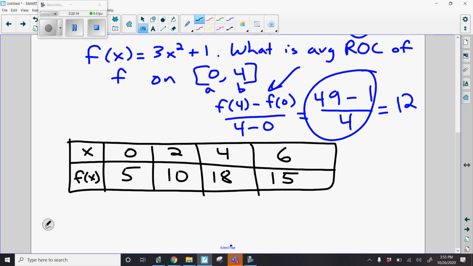We don't know what it is, but we have this table. Right? I have no idea what's going on anywhere else on this function except for those 4 points, 0, 5, 2, 10, 4, 18, and 6, 15.